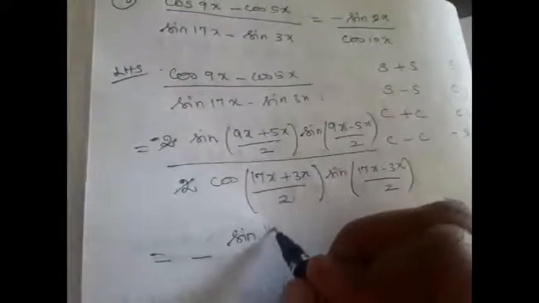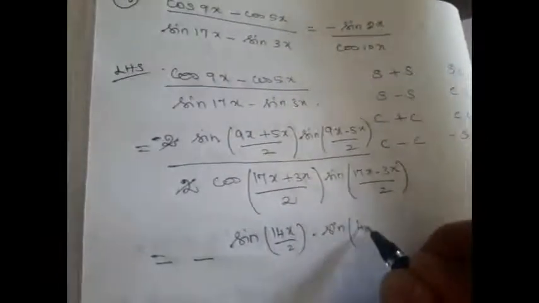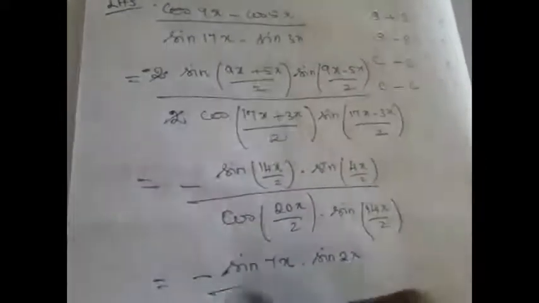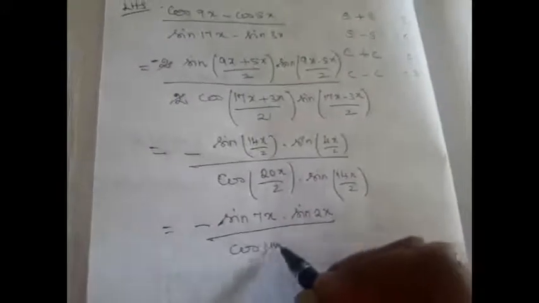Minus sine of (9 plus 5 is 14x) divided by 2 into sine of 4x divided by 2, the whole divided by cos of 20x divided by 2 into sin of (17 minus 3 is 14x) divided by 2, which is equal to minus sin 7x into sin 2x divided by cos 10x into sin 7x.